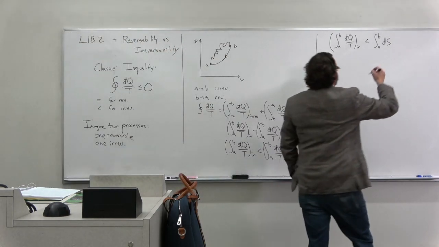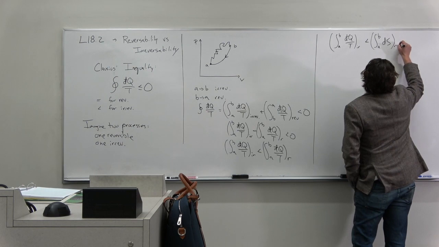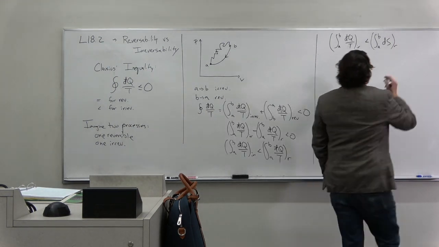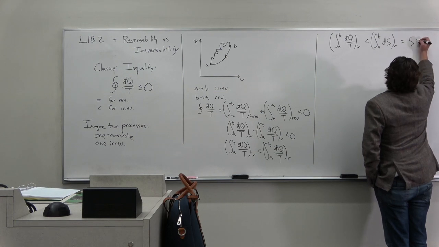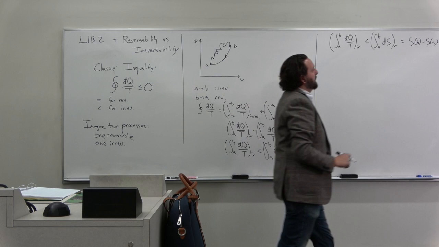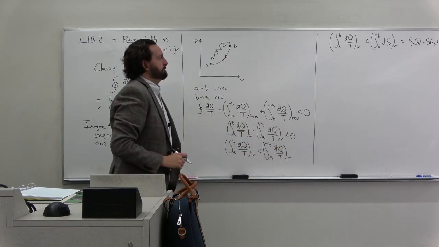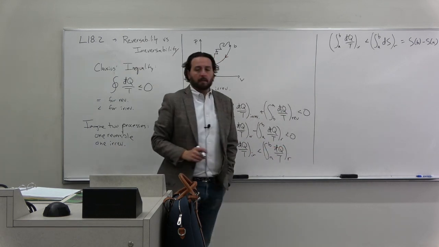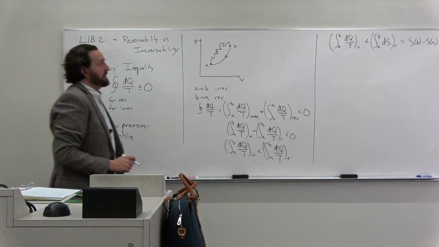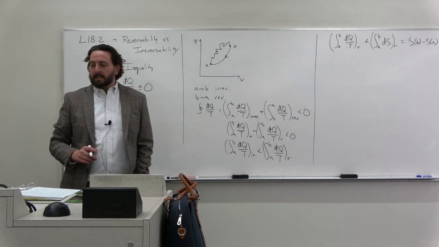Now let's just point out that this is along a reversible path, which means that this is simply equal to S of B minus S of A, right? Because this is a state function. And so we can say that this change in entropy we have, delta S, right?